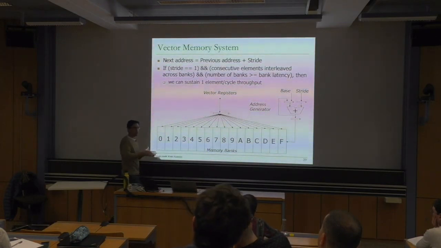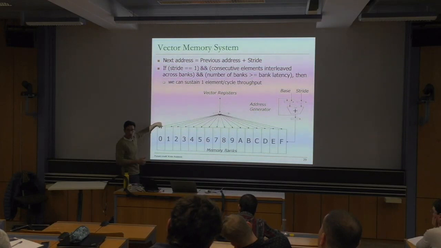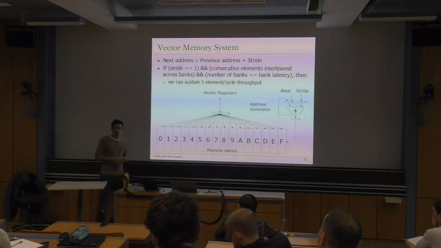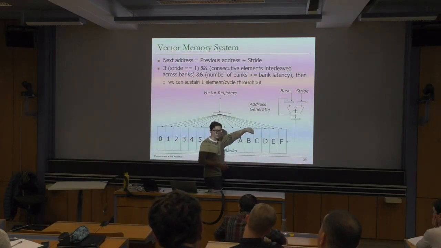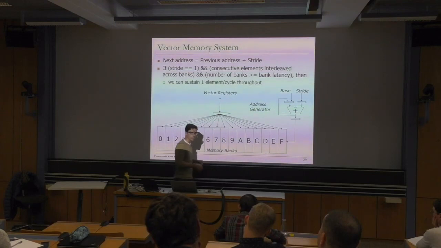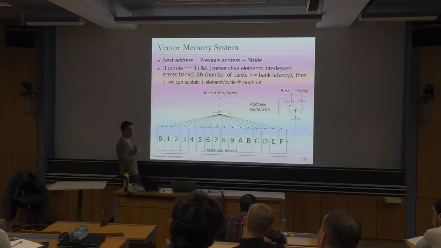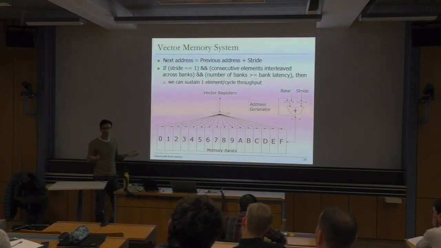During these 11 cycles, in the first cycle we start the read in bank 0. In the next cycle we start the next read from bank 1, then from bank 2, then from bank 3, and so on. And 11 cycles later, we are still issuing requests to the rest of the banks. 11 cycles later, we can start reading the element that we needed from bank 0. You see?